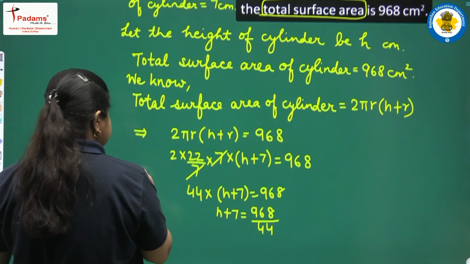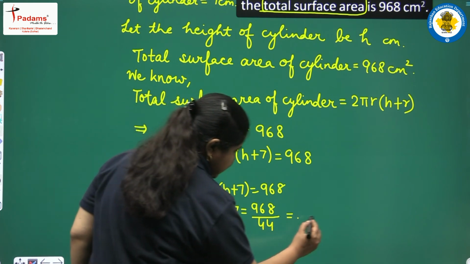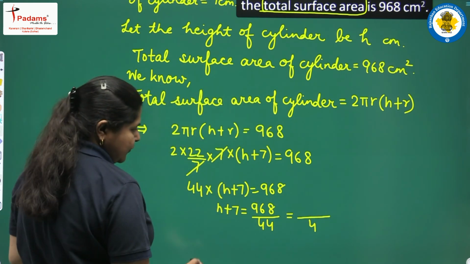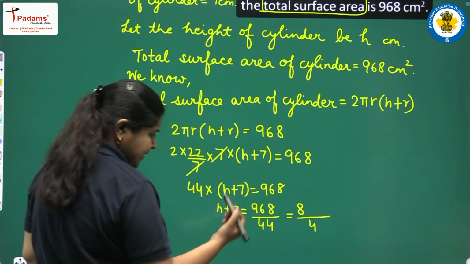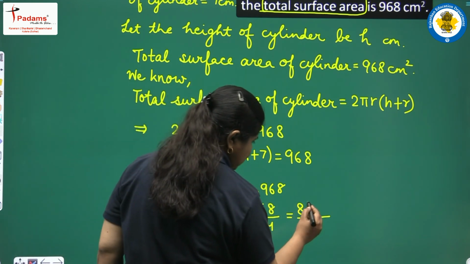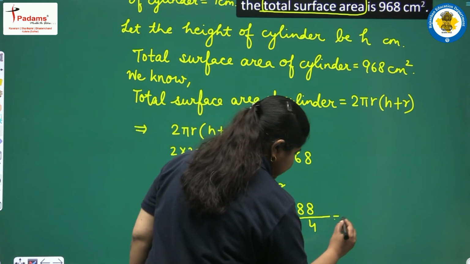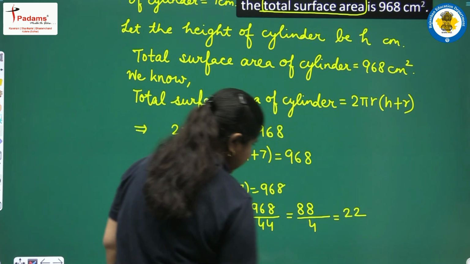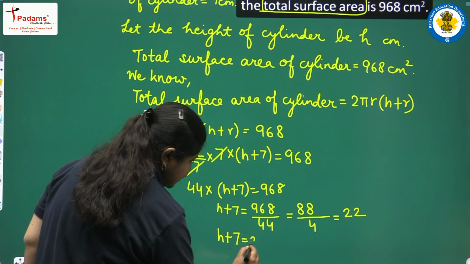We see that we should divide by 11. 11 से divide करते हैं. Here we will get it 11 4s are 44 and here we will get 11 8s are 88. 16 minus 8 it will be 8, so 88. Again it will go 8 times, 88/4. Now we can easily divide by 4. 4 2s are 8, 4 2s are 8, and so here we get H plus 7 equal to 22.